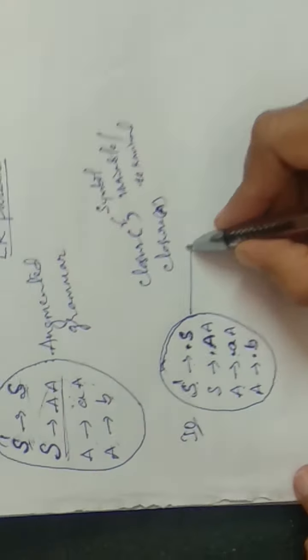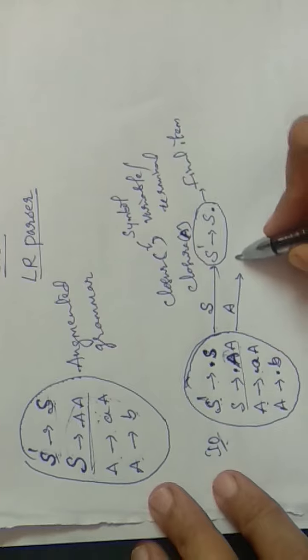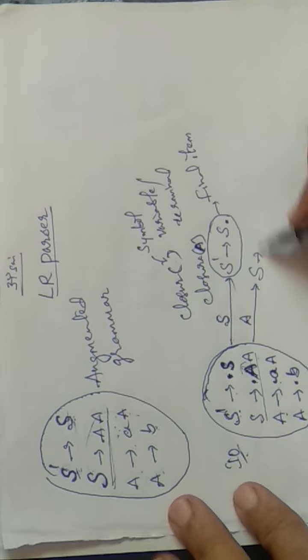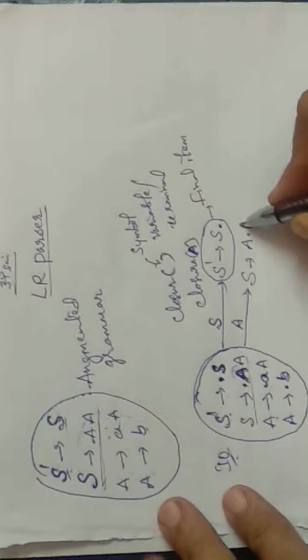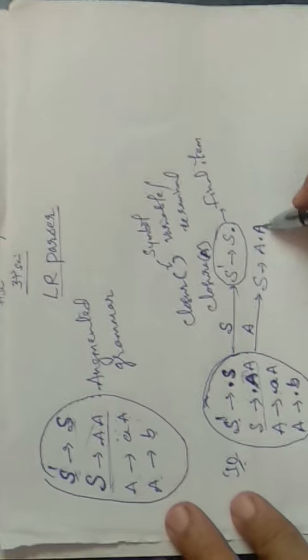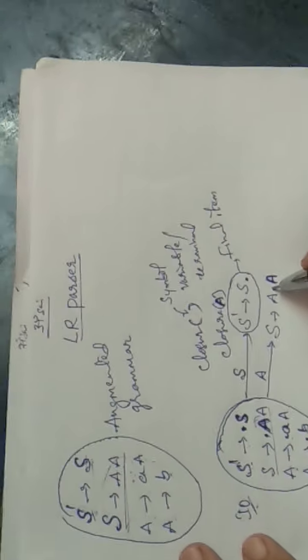So now the dot is going to see this A. After seeing this A, the dot will move one step towards the right. So now after seeing that A, S implies A dot A. Now the dot has moved one step towards the right and is again present in front of this A, and once the dot is in front of it, this becomes the closure of A. Again this A has to introduce the respective productions. What are those?